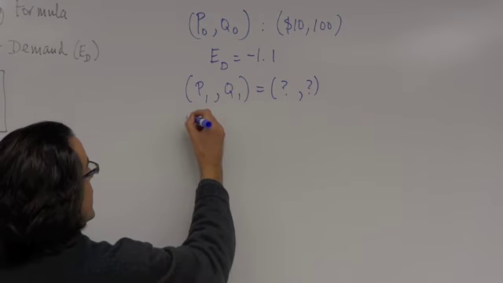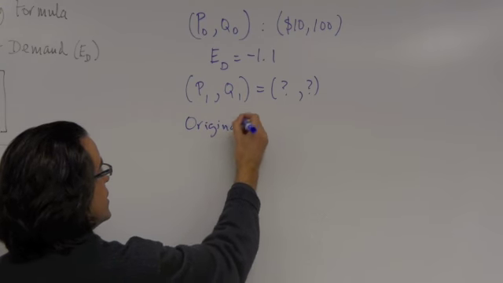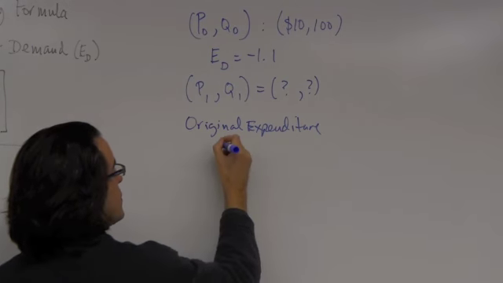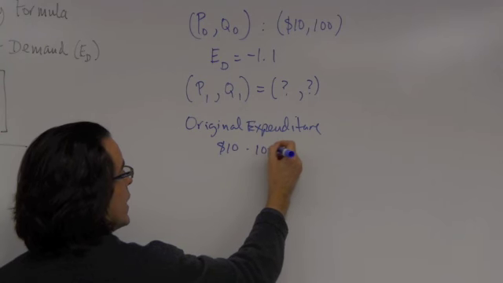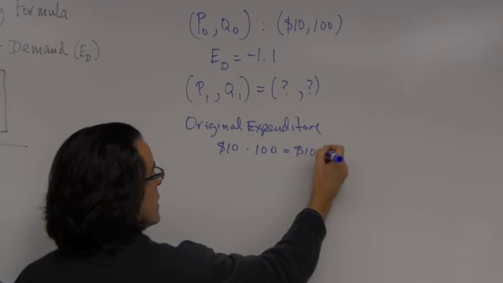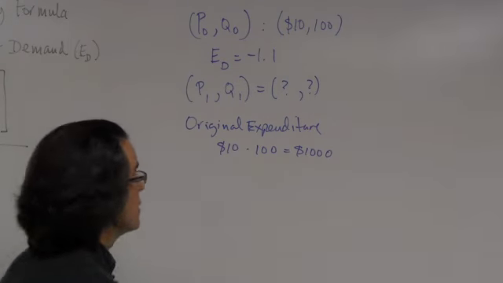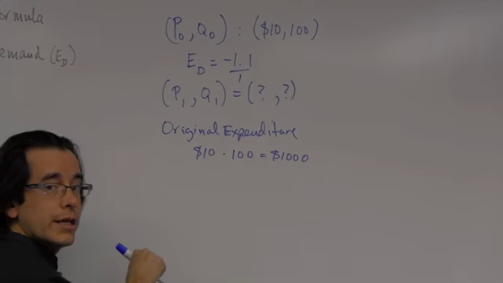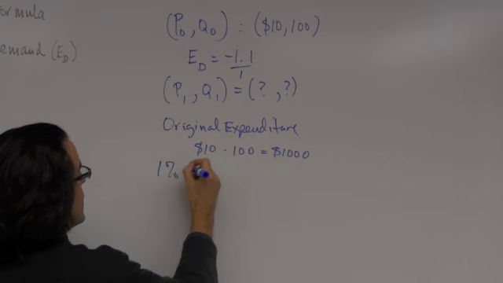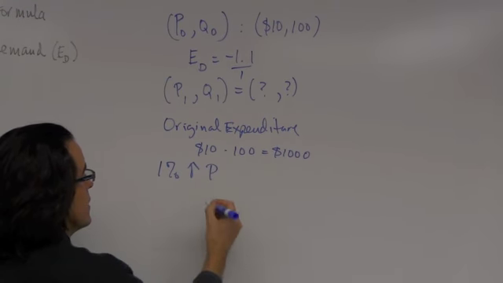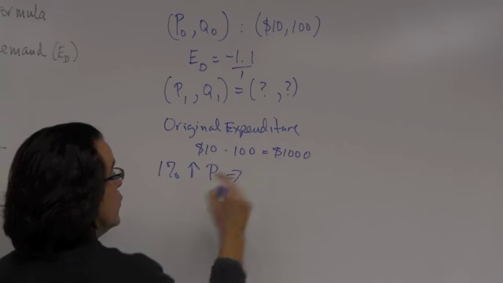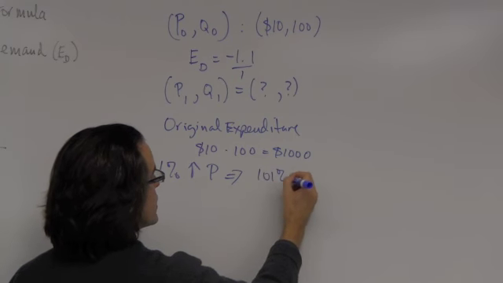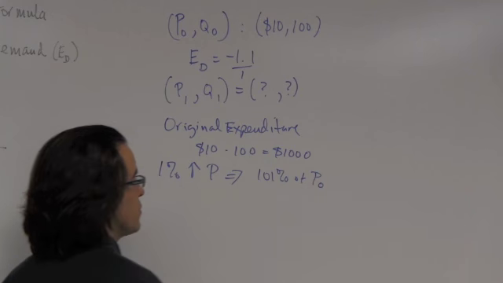So first thing we'll do, we'll say, what's the original expenditure? And that's simply the price times the quantity, and that gives us $1,000. Okay, so since this elasticity is over 1, if there's a 1% increase in the price, that means the new price is going to be 101% of the original price.